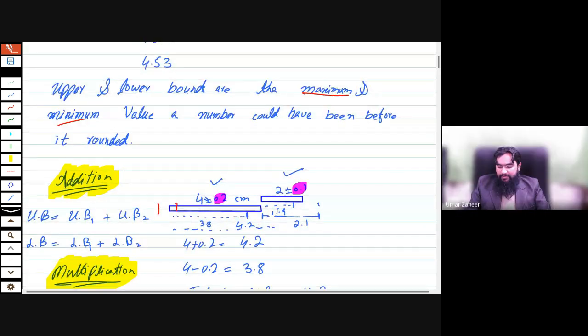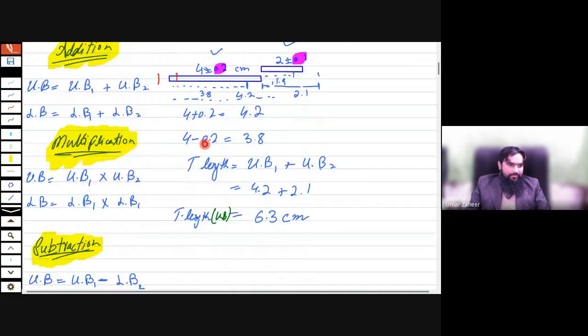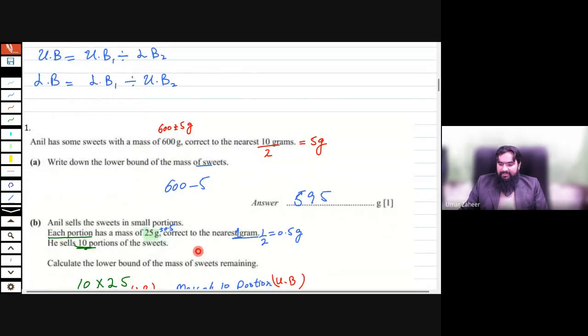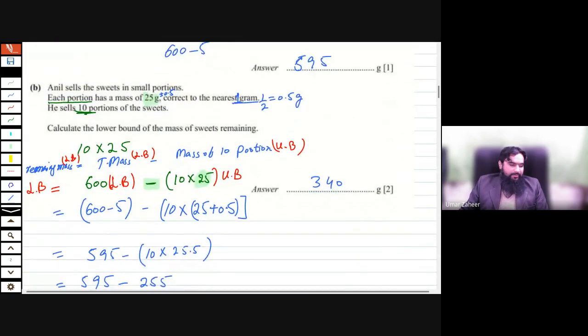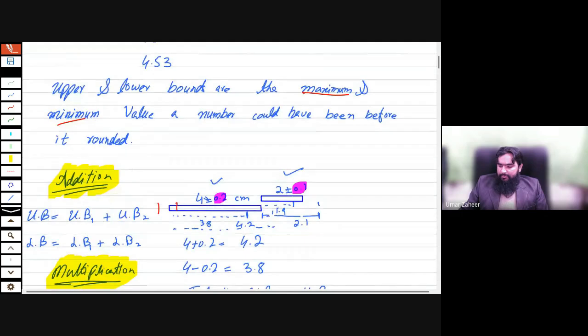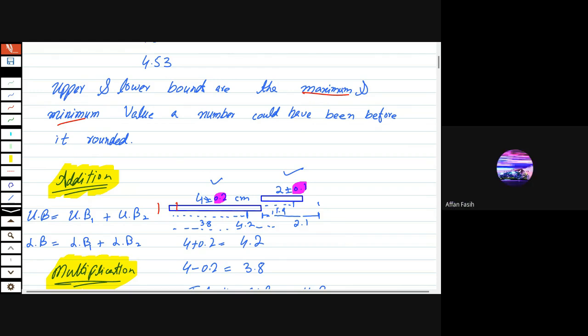If you have the understanding of these, you can easily do the questions. Students who attended the last class will find these questions easier, so you just have to check the recording. Inshallah, if you still have any queries or problems, you have to ask in the next class. Otherwise, I am going to move to the next topic.